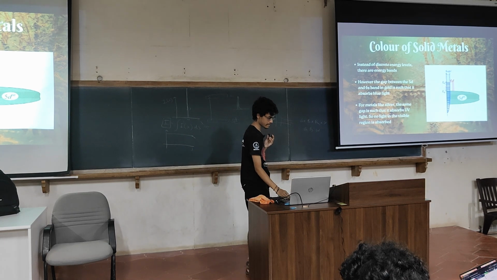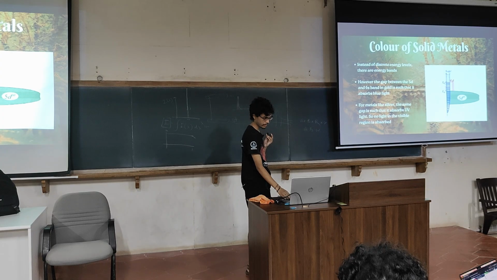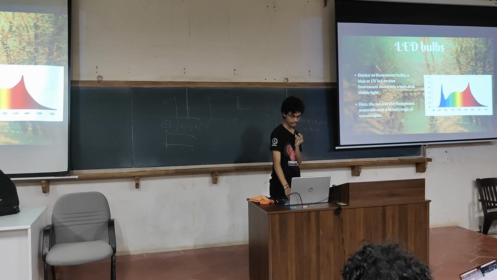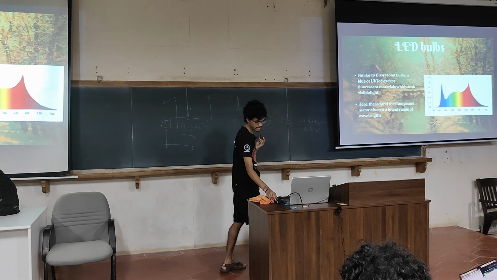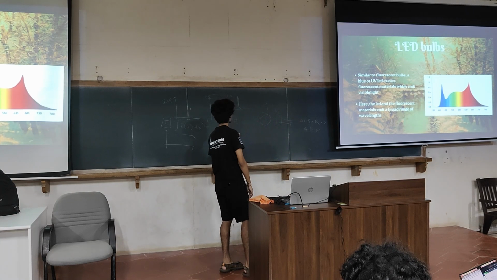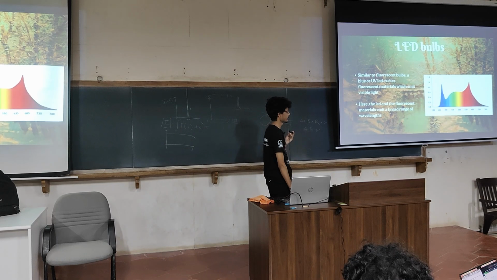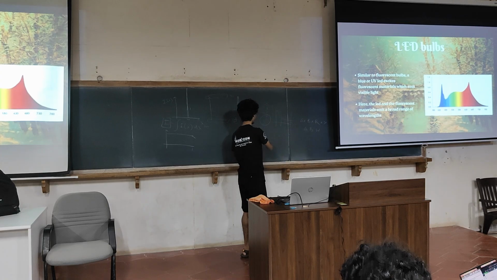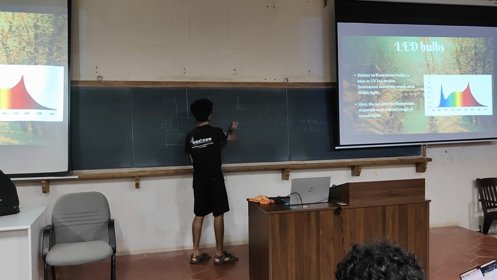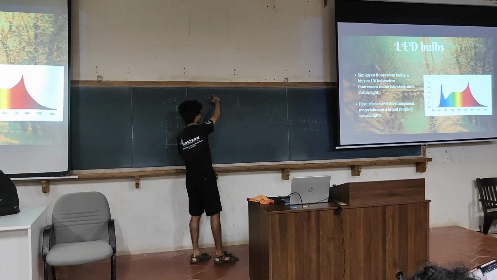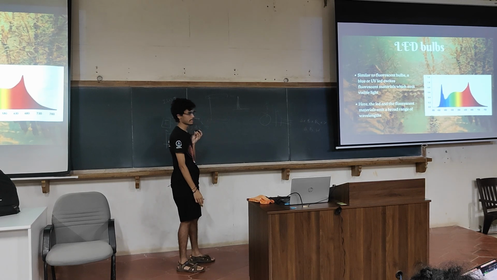So this is actually just a primer on something else that I wanted to discuss. We have talked about the different kinds of illumination that lights can give, oh wait, there's LED. LED bulbs are similar to fluorescent bulbs, except here, instead of using mercury to excite your fluorescent materials, the LED itself has broad bands. If an electron is excited from the valence band to the conduction band, when it comes back to the valence band, it emits a photon.